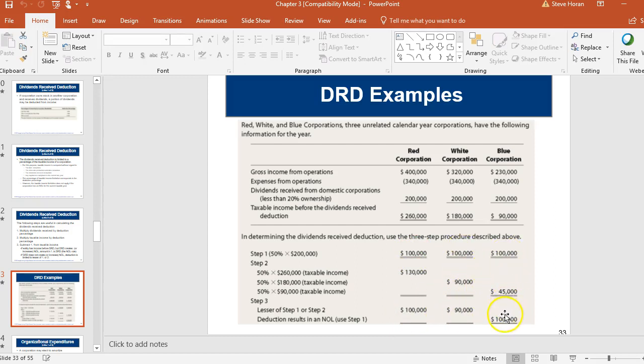And then this one, though, actually has a different amount. We're going to use 45 for that third one for blue because it results in an NOL. So I have to go back to step 1, and I'm going to use the 100,000 because of the NOL. Because see, that 100,000 is much bigger than 90, so that creates a loss. So therefore, I use the 100,000.